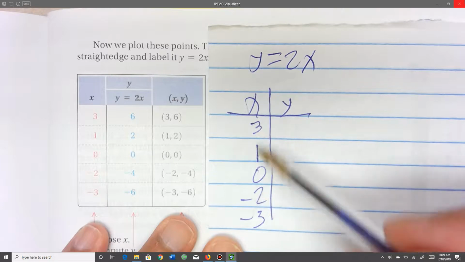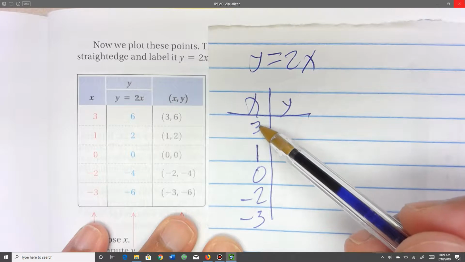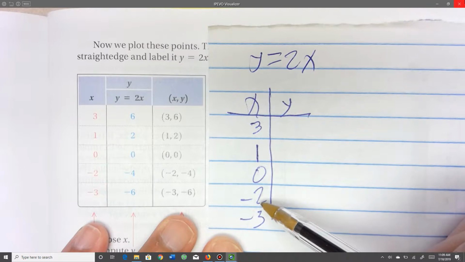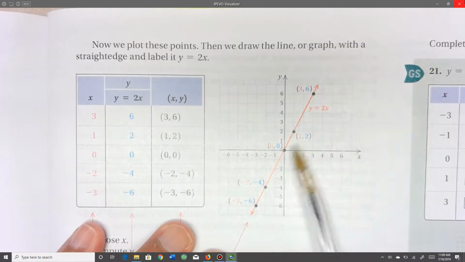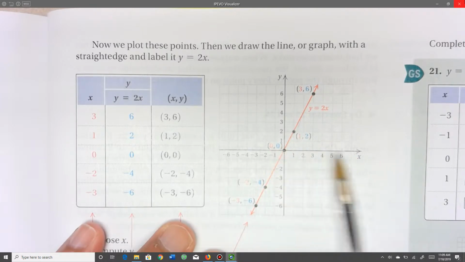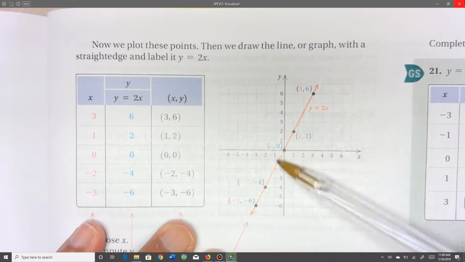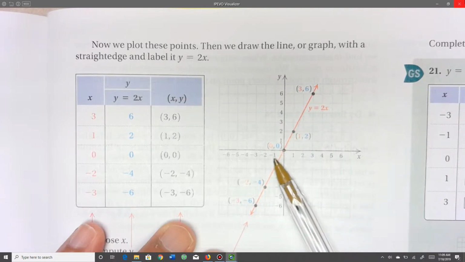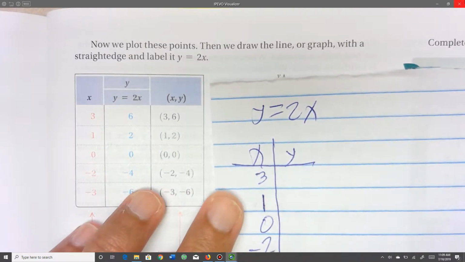Just make sure that they are small, the smallest ones you can find, because if you choose large numbers like 1,000 or 3,000, you won't be able to plot them on your graph. On your graph you're only going to be able to get at most 20 units to the right, 20 to the left, 20 up, and 20 down, if you count by twos. So yeah, you need to use small numbers for your x variable.